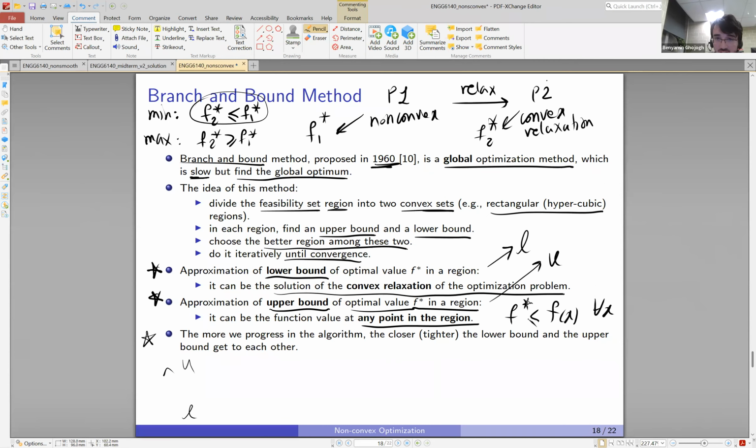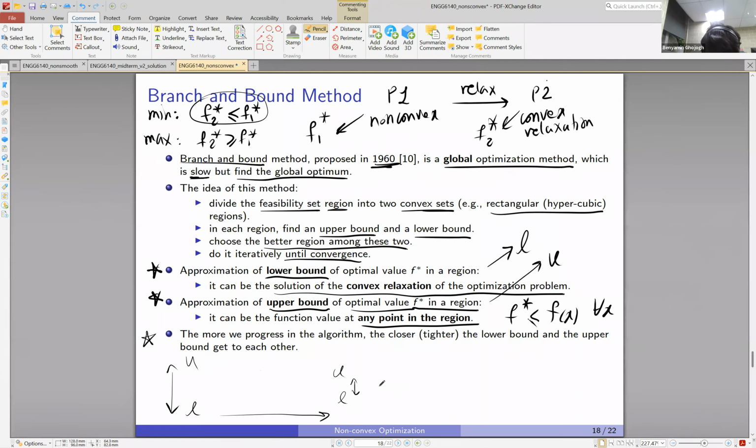Because these are F values. The difference between these two is huge, but gradually when you progress in the iterations of the branch and bound method, U and L get closer to each other, so they become tighter. So this range becomes smaller, or this sandwich becomes smaller, right?